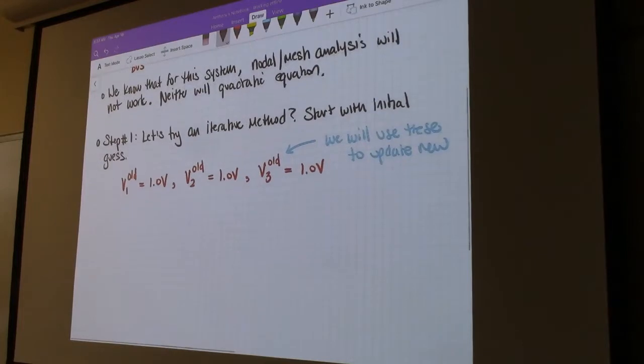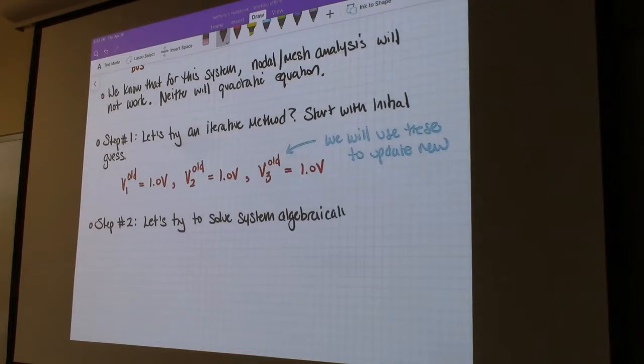Okay, so now we can try to solve the system algebraically as if it were linear, okay?